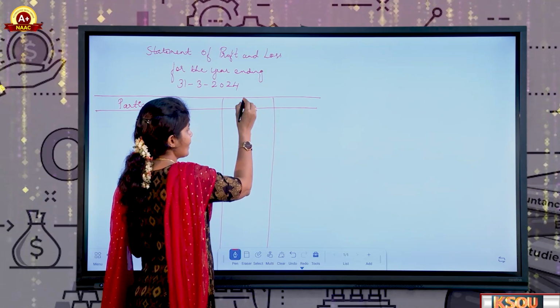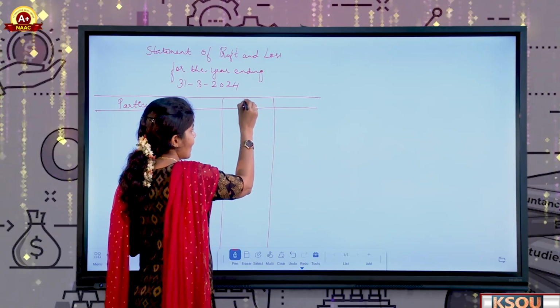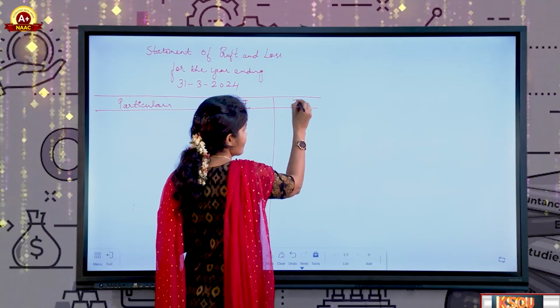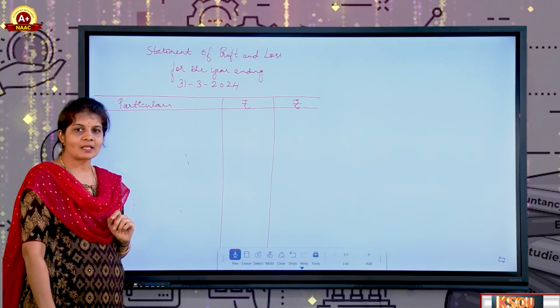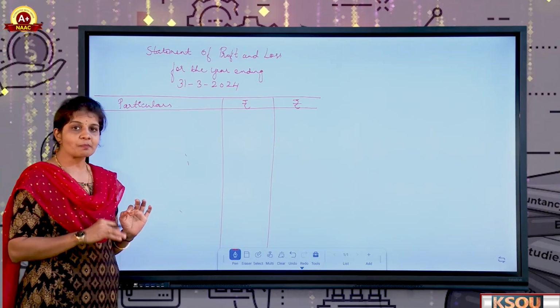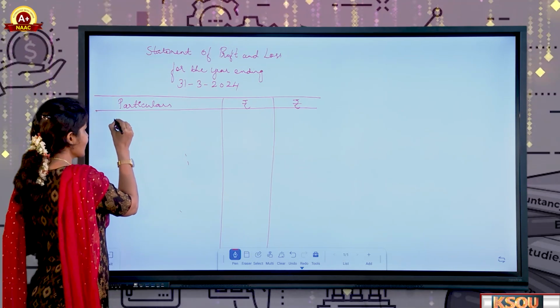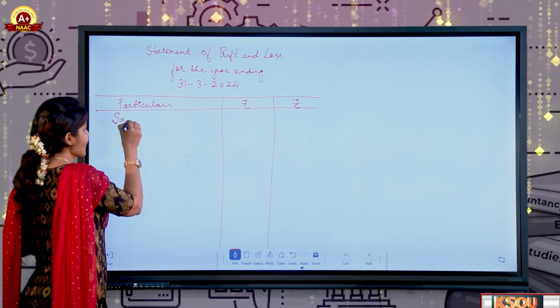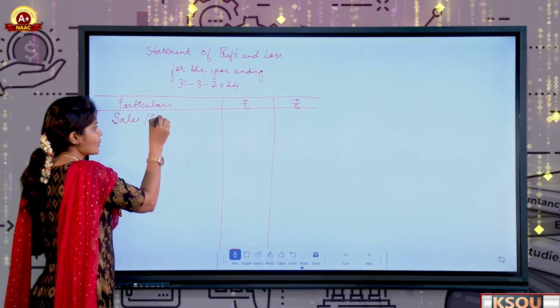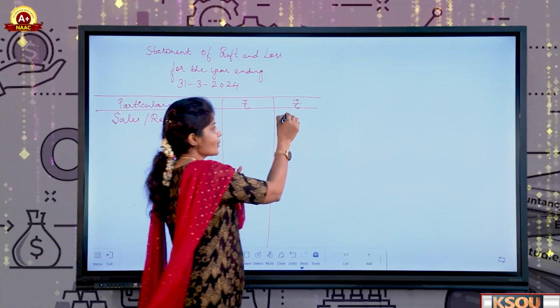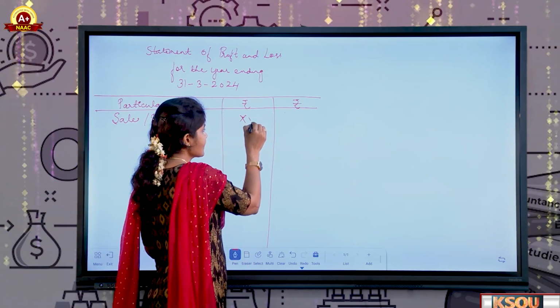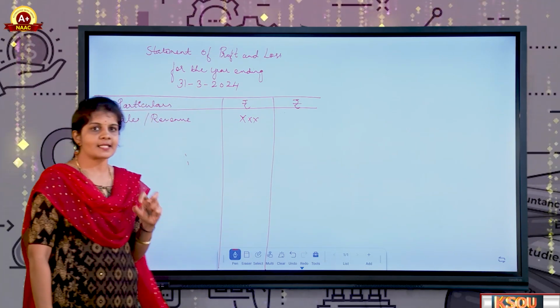and these two columns are amount columns, amount in rupees. The first item of this statement of profit and loss as per the Companies Act of 2013 is sales, also called revenue.